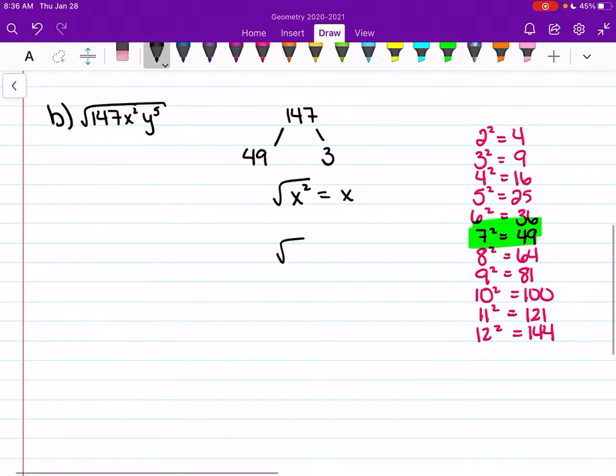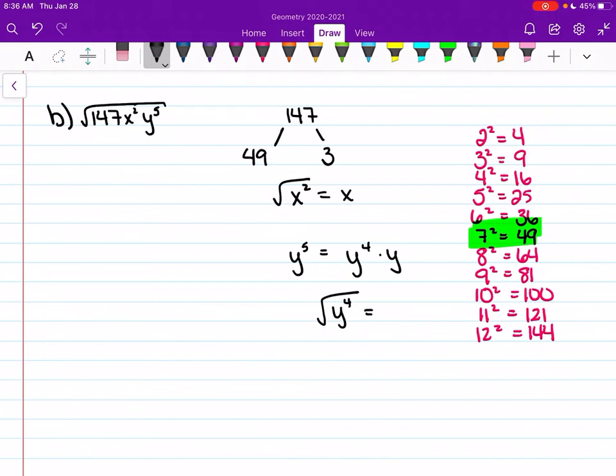And then y to the 5th is the same thing as y to the 4th times y. And y to the 4th, if I take the square root of that, that's y squared, since y squared times y squared is y to the 4th.